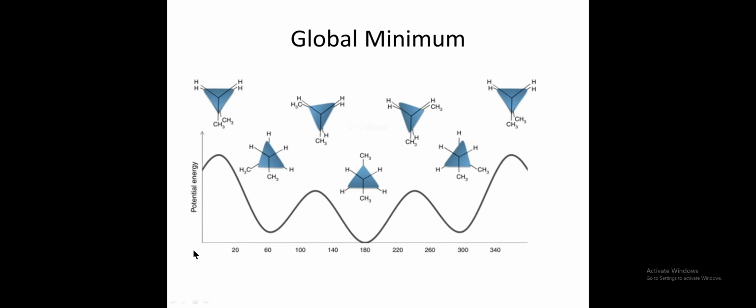The way these programs typically work is that, for example, if we started here, it would minimize until the calculation converged down here, and it would tell us that the minimized form of butane was actually the gauche form, which we know is not true. But in most cases, they won't go back the other way.